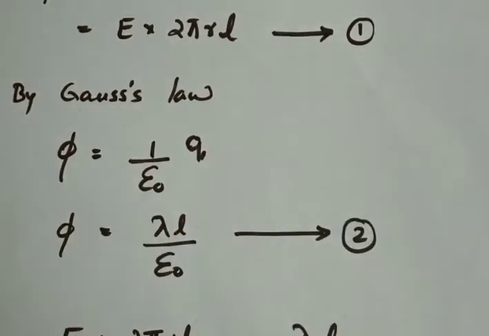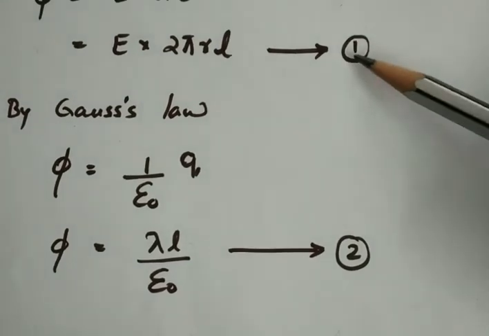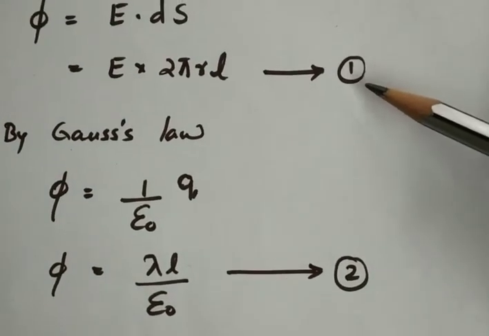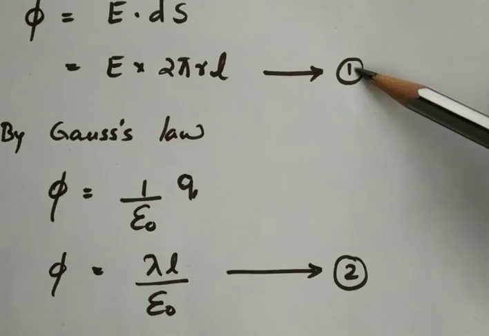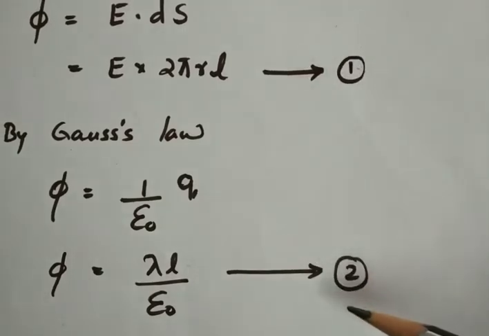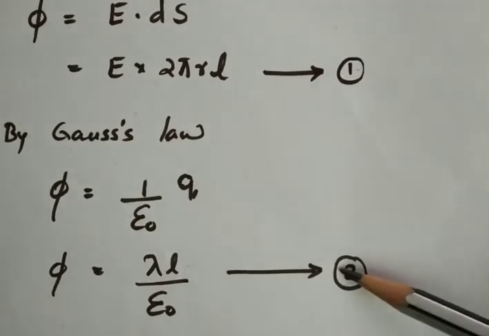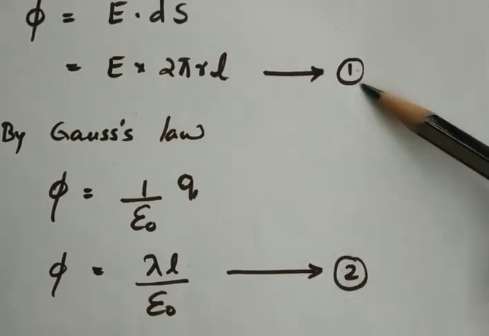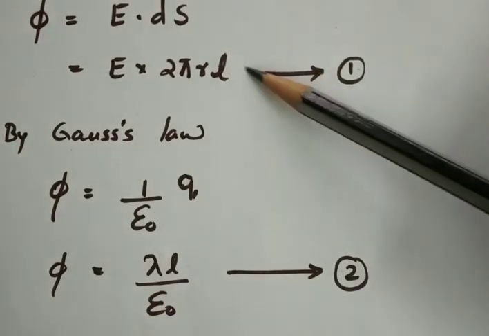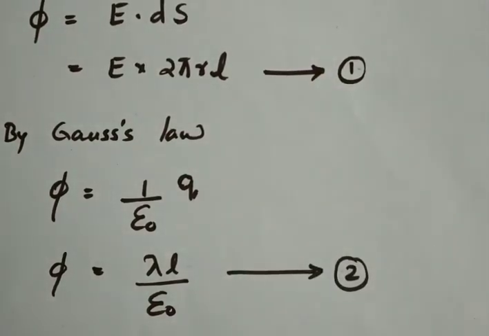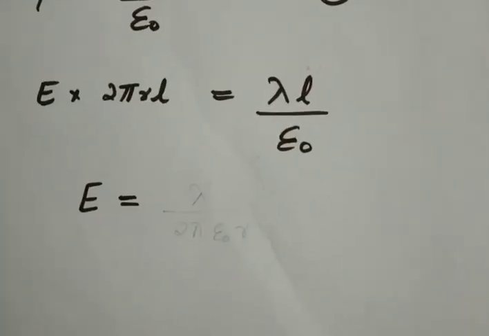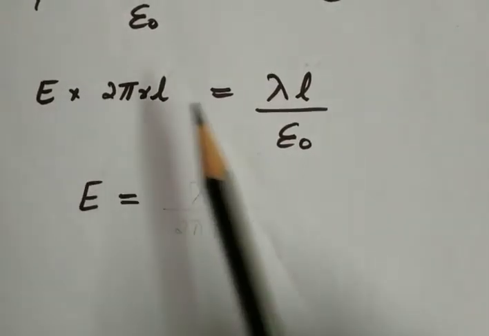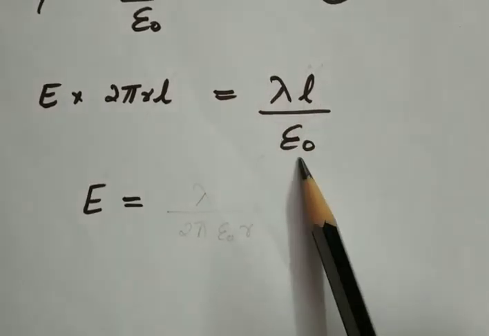So, we have got two equations. First one, flux phi is equal to E into 2 pi RL. Second equation, flux phi is equal to lambda L by epsilon 0. Let us equate these two. Phi is the same, so equating the right side, we get the equation E into 2 pi RL is equal to lambda L by epsilon 0.